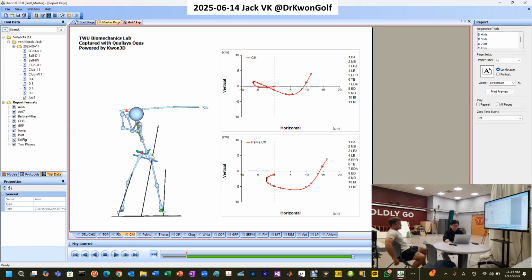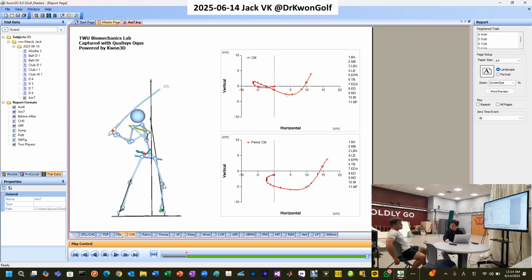Your pelvis is way over here, and the whole upper body is leaning. This is because the pelvis is sliding this way. Soon you will see that your knee is already flexing outward.